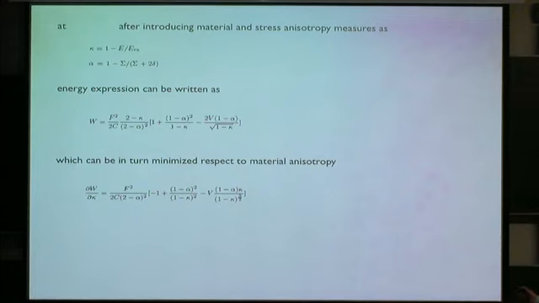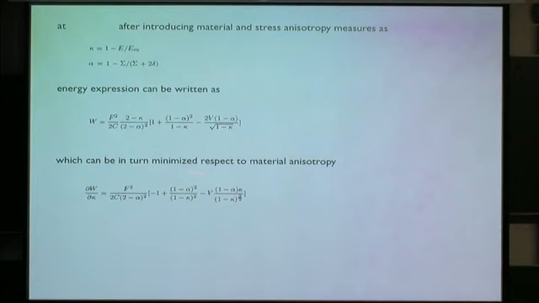And now we can set this value of theta to 0 and take another derivative with respect to the anisotropy measure of the material, which is kappa here. If we take another derivative with respect to kappa, we have another expression.